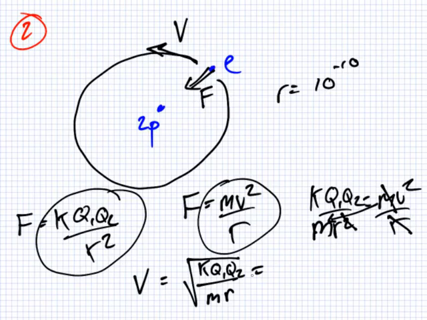Okay. And then the mass of an electron is number 3 on my calculator. And then it's times the radius, which is 10 to the power of minus 10. So I should get a pretty big number.